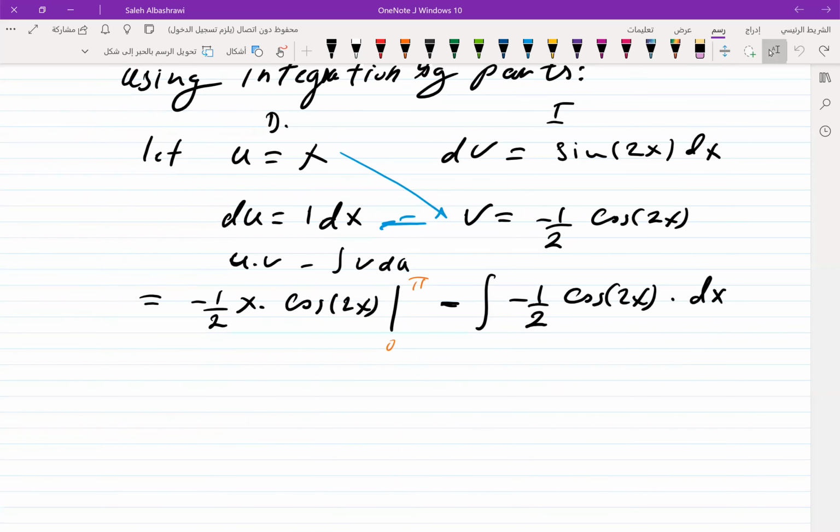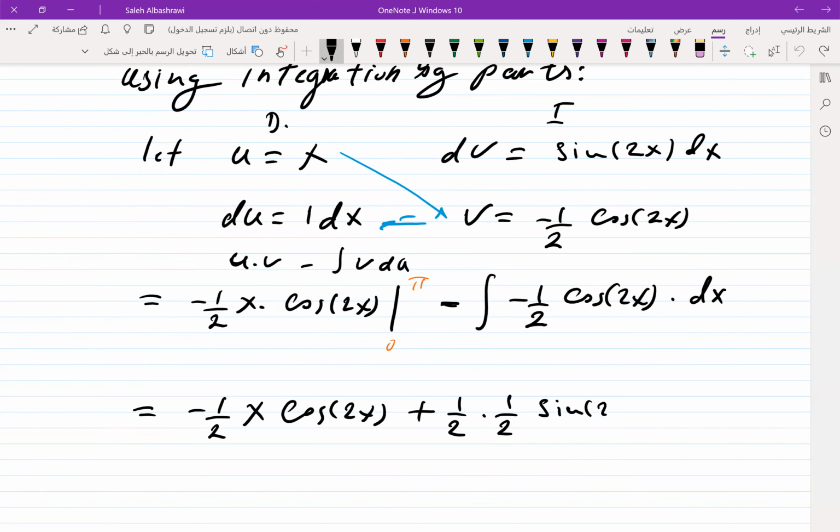So it will be minus 1/2 x cosine 2x plus, minus with minus is a plus, so plus 1/2 times the integration of cosine, which will be 1/2 sine 2x, from 0 to pi. So this is the integration of the given function. It is minus 1/2 x cosine 2x plus 1 over 4 sine 2x.